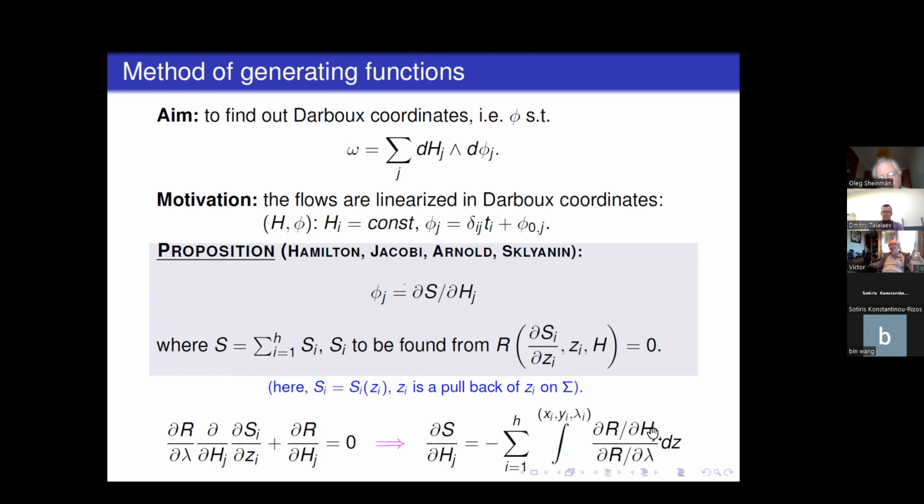Let me just explain. The coordinate Hamiltonians H are expressed via the triples x, y, lambda. These are just partial derivatives of the equation of the spectral curve in its coefficients hj and lambda.